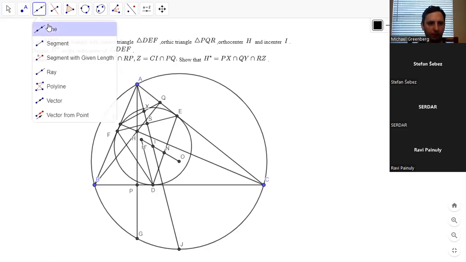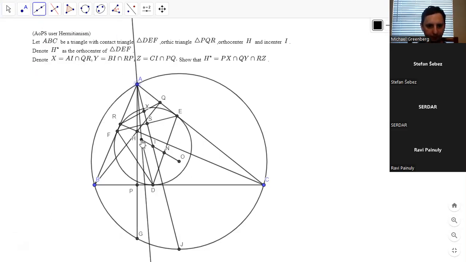I wonder, what if we let AH prime... Like, I wonder if we could try to project those three points through A onto the circle or something. Is there some other special point that lies on this?